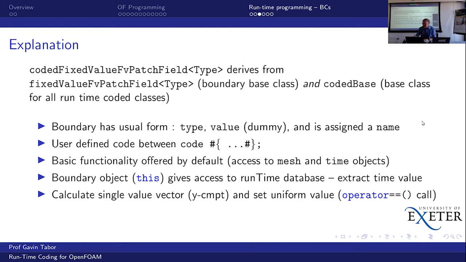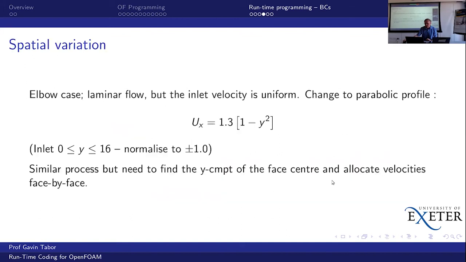I'll show you how to extend that in a minute. And it's a class, so there is this keyword this, which gives access to the class object itself. And this enables me to ask for the runtime database and get this time value, calculate the single vector, and set a uniform value using this assignation operator.